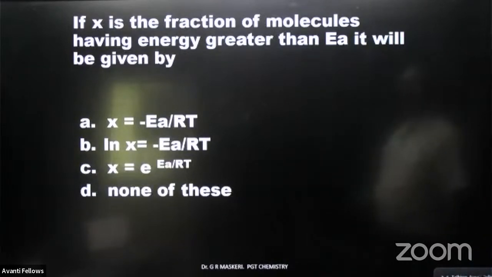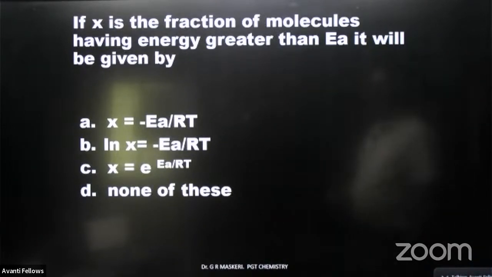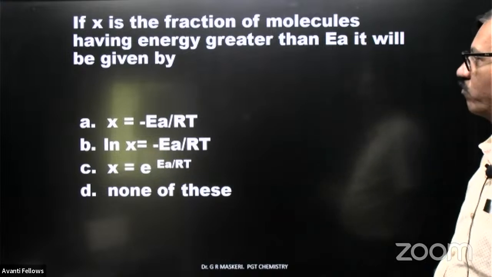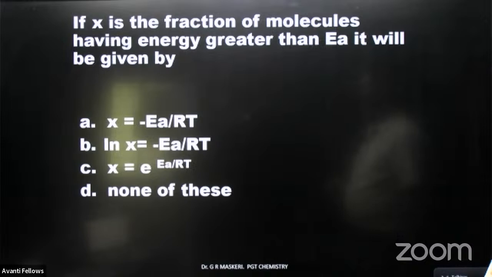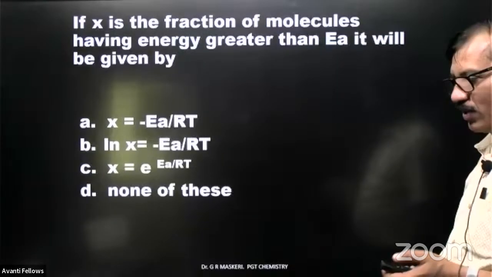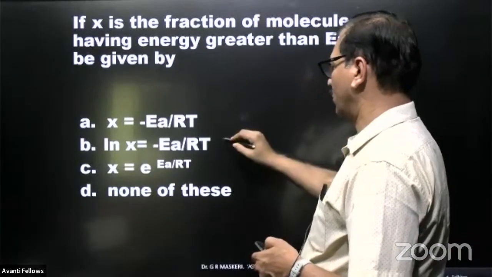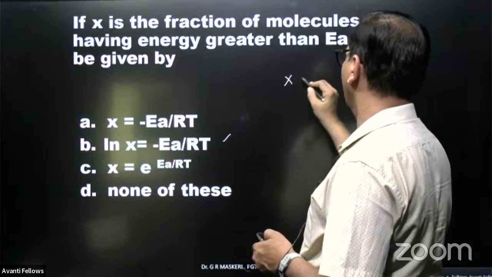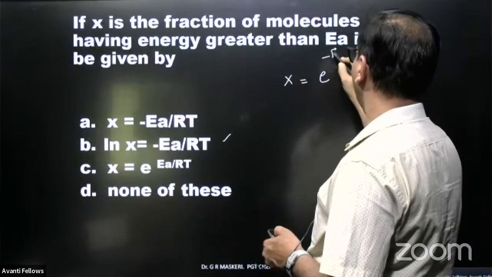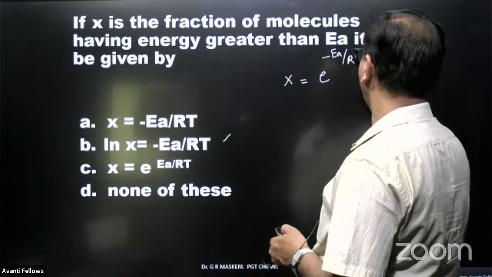If X is the fraction of molecules having energy greater than EA, it will be given by... Option B, sir. Navodaya, mention your Navodaya. JNV Kadapa, sir. Good. Very good. So this is the right answer. X represents e to the power minus EA by RT.